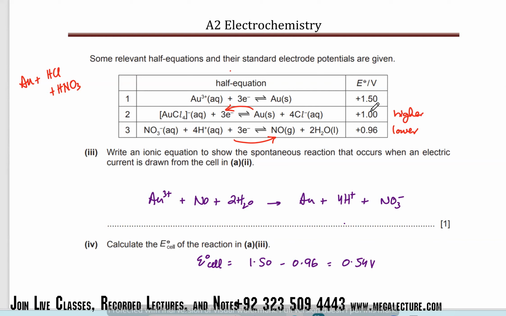The higher one is the one that actually gains electrons. It doesn't lose electrons. And the lower one is the one that's going to lose electrons. So we've got a problem, and the problem is that the reaction will probably not happen. It's not going to happen. So it's clear that the reaction won't happen. Is this clear?